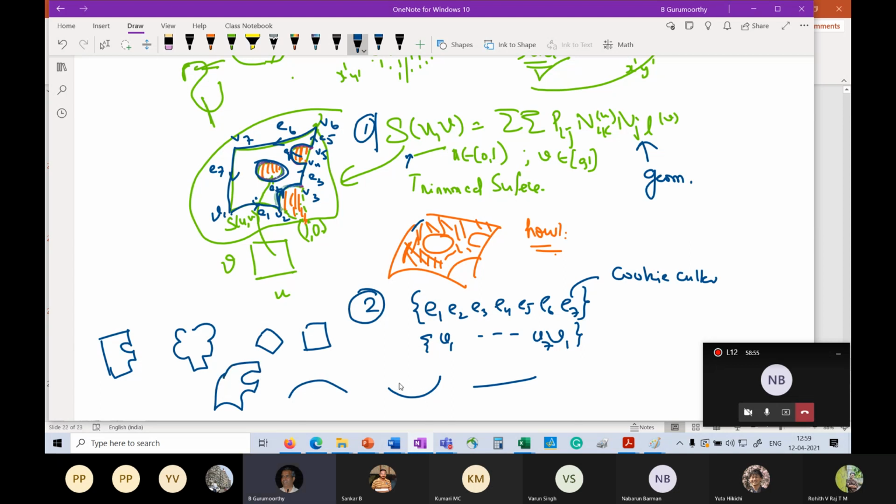If you cut it on this, it will look somewhat like this. It will look like that. And if it was here, it will look like this. Right? So this controls what we call the geometry.